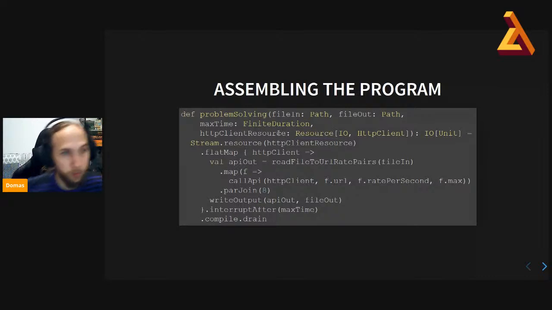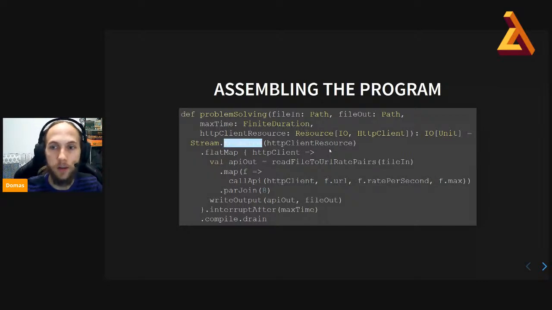It's in a resource because when you are instantiating HTTP clients, there will typically be something like initializing a connection pool or things like that that need to be set up and need to be torn down once they are complete. And let's take a look at what the assembly of these things, in addition to the steps that we outlined earlier, looks like.